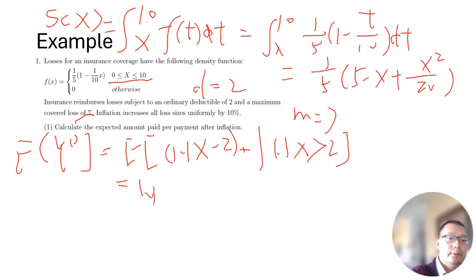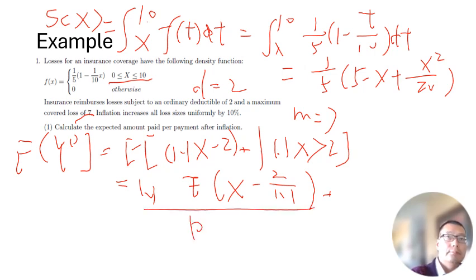So we put 1.1 outside, we can get this will be equal x minus 2 divided by 1.1. So divide condition is this. Now we just need to calculate expected value for this and calculate this.